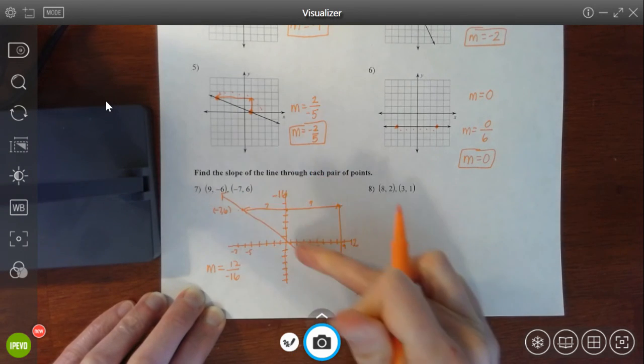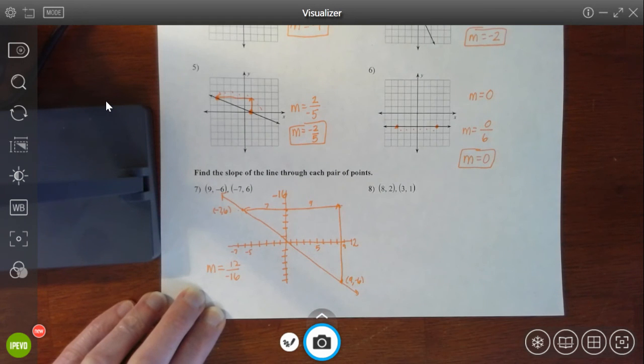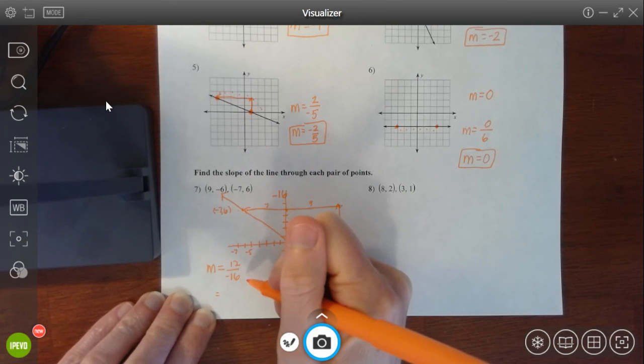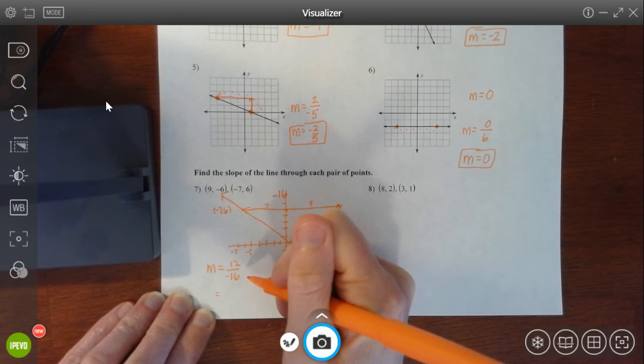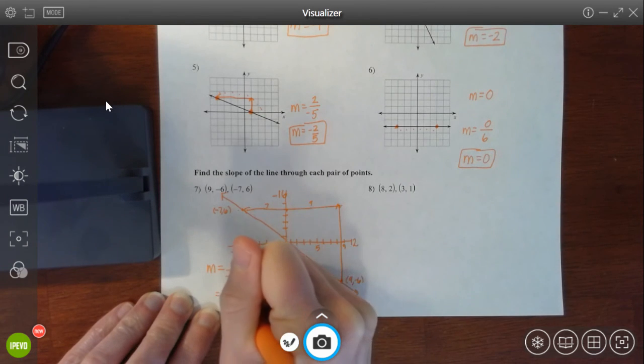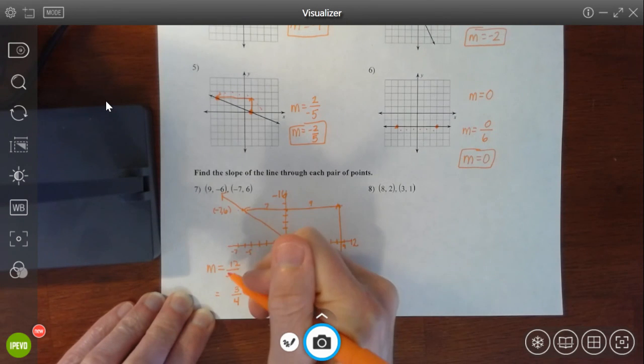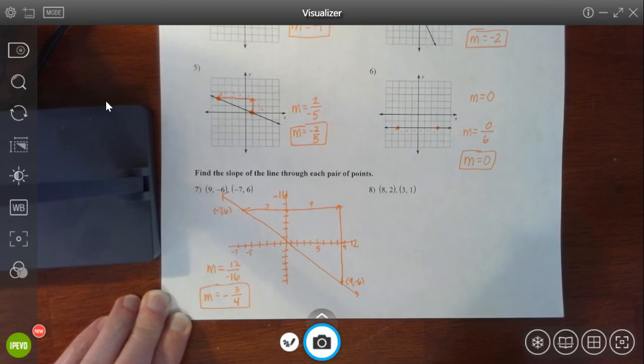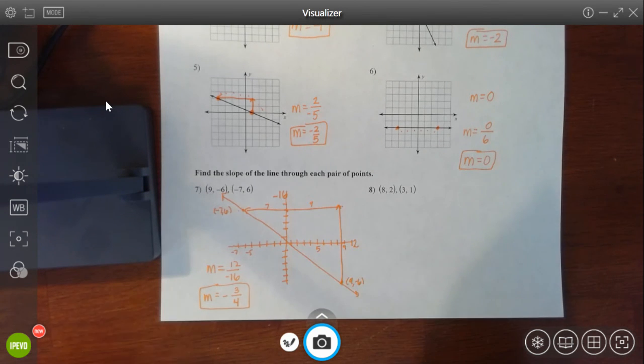Should make sense. It's a negative slope. My points are moving down from left to right. And then I would reduce my fraction. 12 and 16 are both divisible by 4. So 12 divided by 4 would be 3. 16 divided by 4 would be 4. And a positive divided by a negative would be a negative. So my slope would be -3/4.